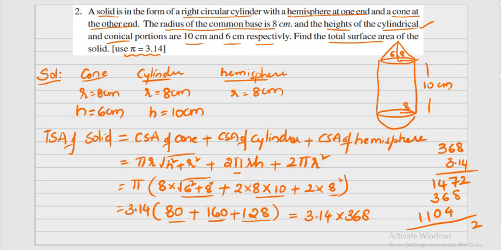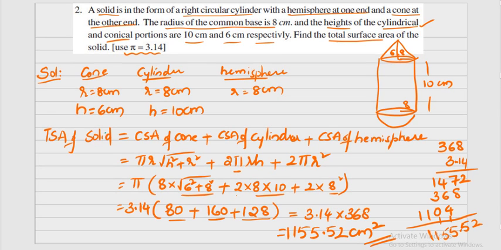Now when I add all these, we get 1155.52 after 2 decimal places. So the answer is 1155.52 centimeter square. This is the surface area of this total toy, right?